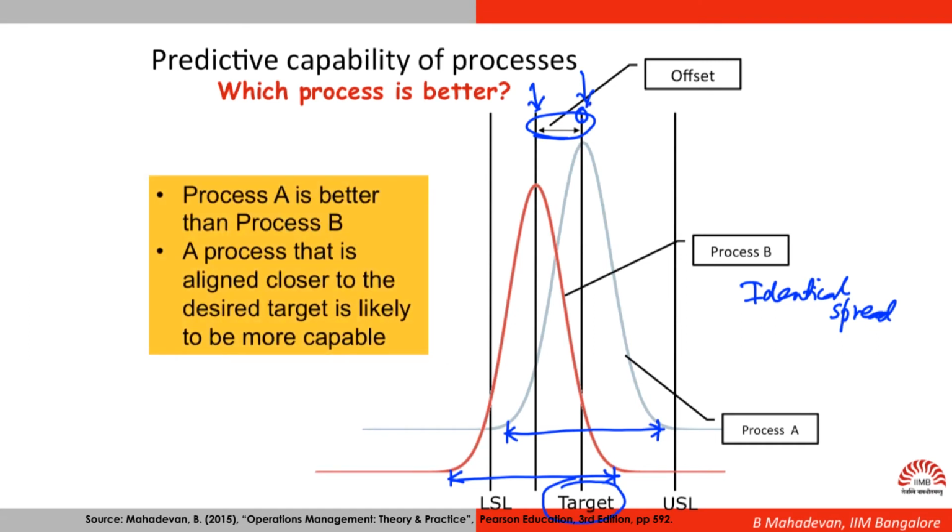So clearly process A is better than process B. In other words, if you have to choose between two processes which are identical in terms of their capability, then a process that is aligned closer to the desired target is likely to be more capable, simply because all these regions are defects. It is beyond the specification limit. So all these are going to be defects. So process B has more propensity to generate defects out of the process compared to process A.